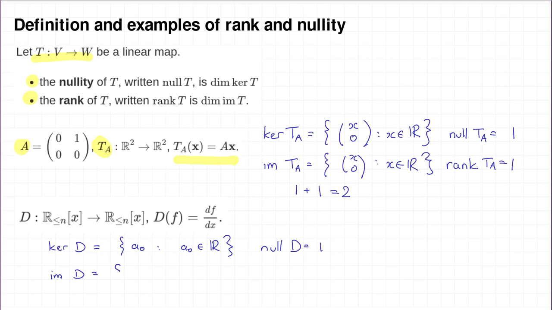The image of D we showed was equal to the set of all polynomials of degree at most n minus 1. So that has dimension n, because the polynomials 1, x, x squared, up to x to the n minus 1 will form a basis.